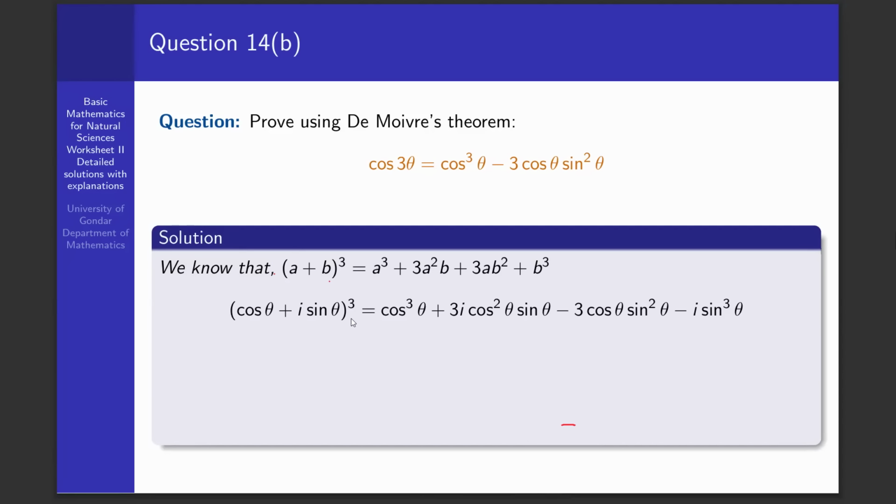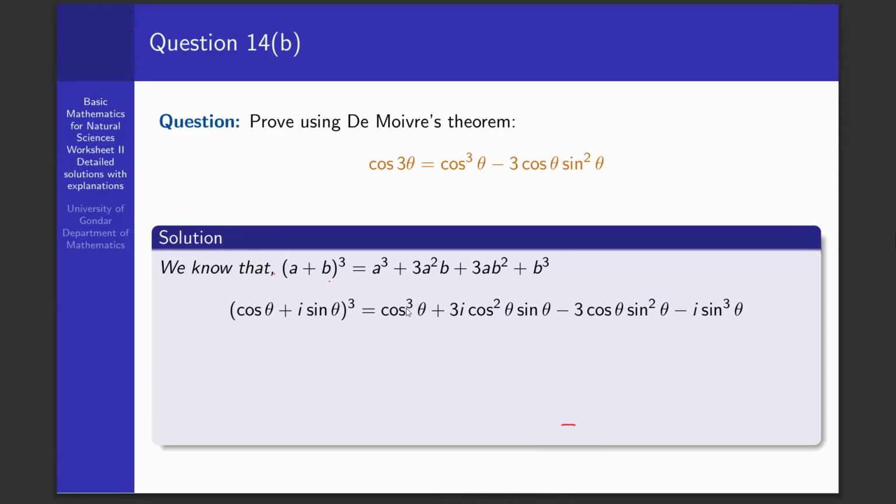This could be the cube of the first one, that's cos cubed theta, plus 3 times a square, that's cos square theta, multiplied by b, that is simply I sine theta, so that's 3i cos square theta sine theta, minus here, because 3ab squared means 3 times cos theta, but b squared is the square of I sine theta, the square of I is minus 1, sine theta squared is sine square theta, so that's minus 3 cos theta times sine square theta, minus I sine cubed, that is the cube of I sine theta, the cube of I is minus I, the cube of sine theta is sine cubed theta.